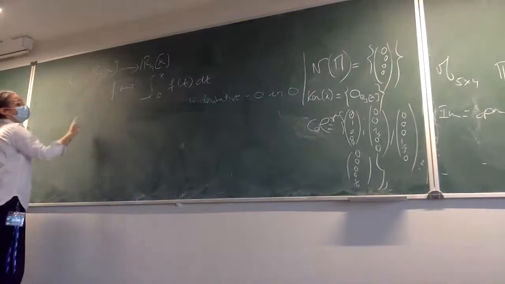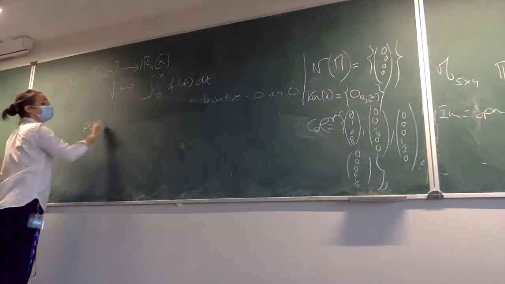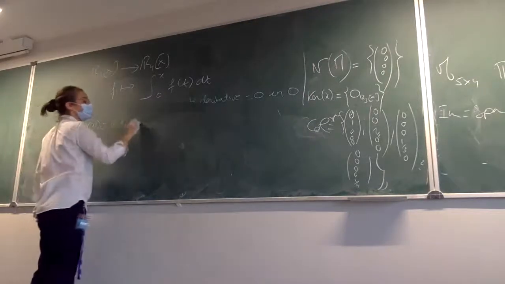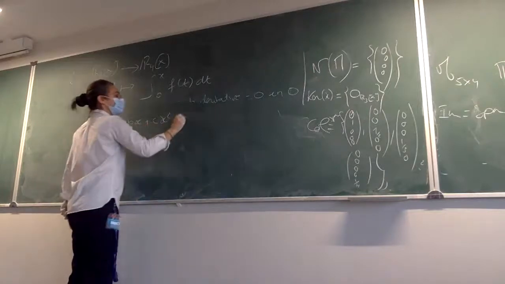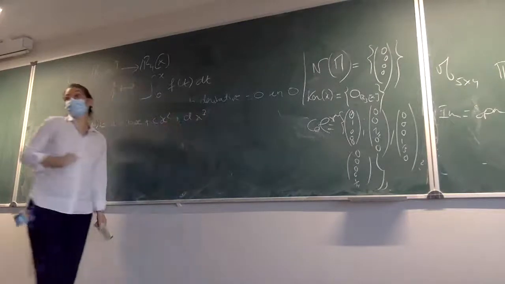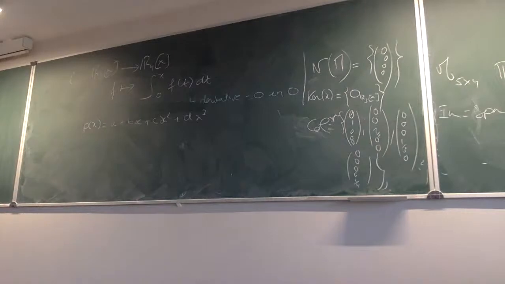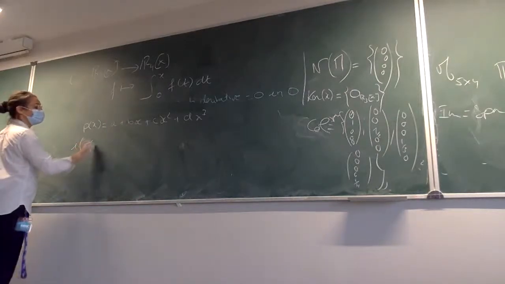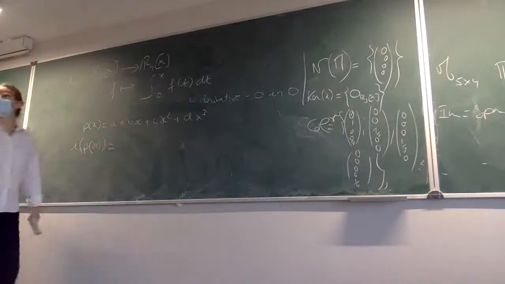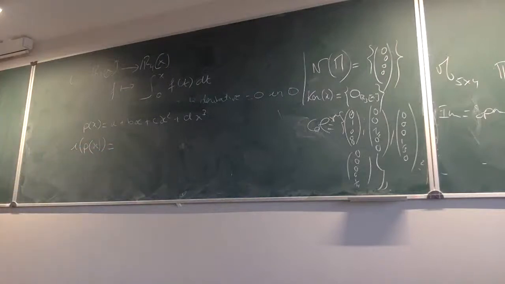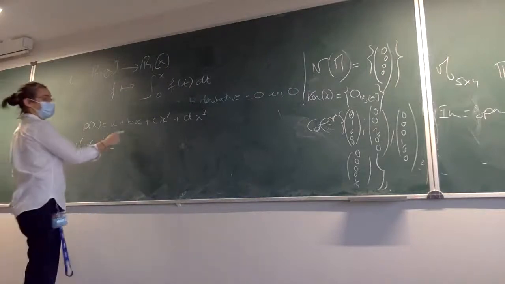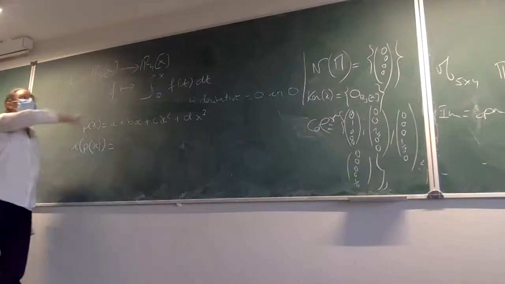If we have a polynomial of R_3[x], it means that p of x is written as a plus bx plus cx2 plus dx3. If I apply my map I to this polynomial, what does it give me? I'm integrating.